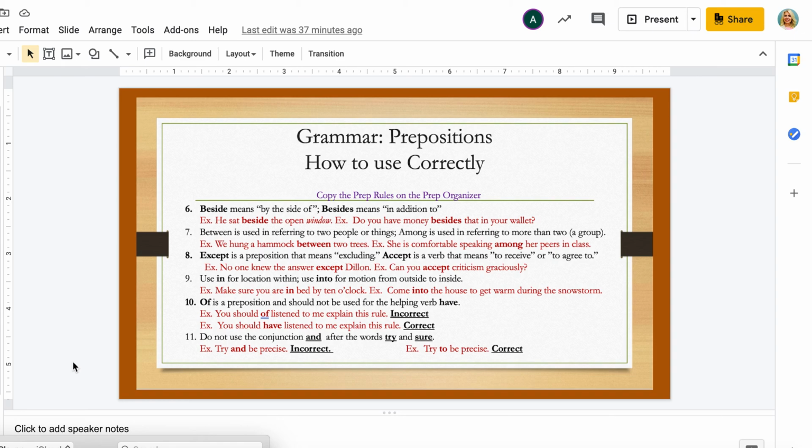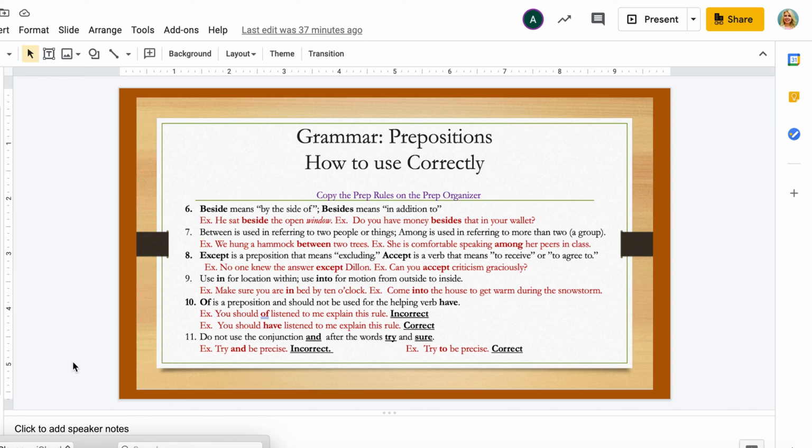The word besides with an S means in addition to. Besides having to do your grammar prepositions this week, you also have to do your vocab and work on your King Arthur material. So the word besides means in addition to.